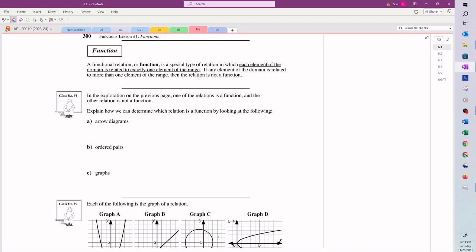With an arrow diagram, a relation is a function when only one arrow leaves each element of the domain.